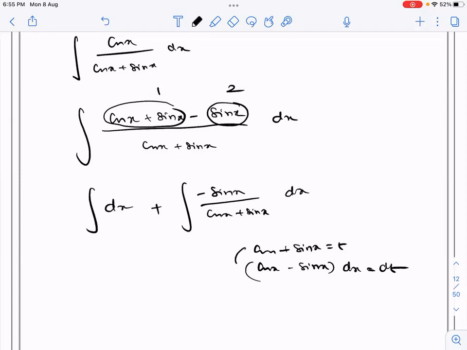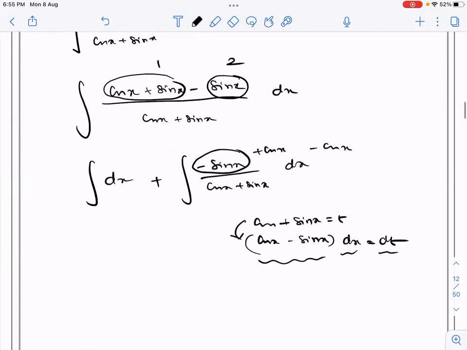So generally when you substitute something as t, what will be the next step you will do? You will differentiate and find dx. So cos x minus sin x dx is dt. I have minus sin x here. So how much should I compensate with? I need to add a cos x and again subtract a cos x.